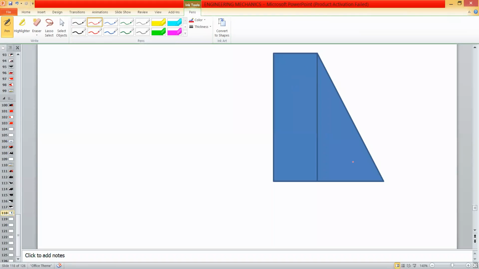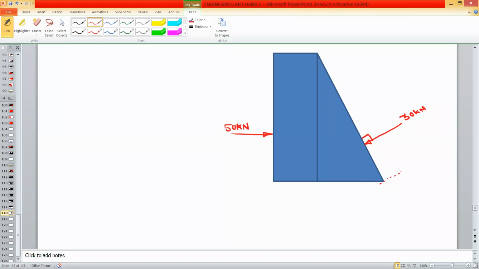This is the wall of that dam. On the upstream side, there is one force exactly in the horizontal direction. This force is 50 kilonewton. Then on the downstream side, there is one force perpendicular to this inclined surface, and this is 30 kilonewton.